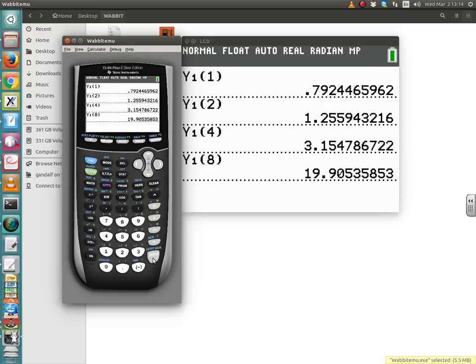So what is it? 0.792-ish, 1.256-ish, 3.155-ish, and 19.905-ish.